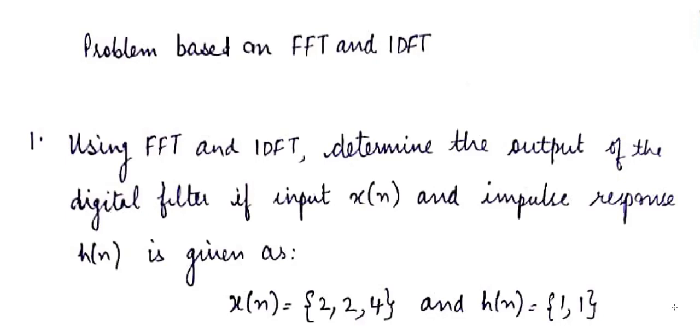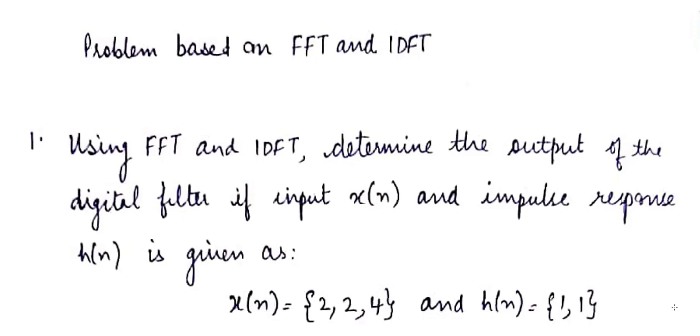So in this again the problem is that we have to find the output of a digital filter, and we are given the input xn and impulse response hn. So you can see that xn is given to us, which is 2 2 4, and hn is given to us 1 1.